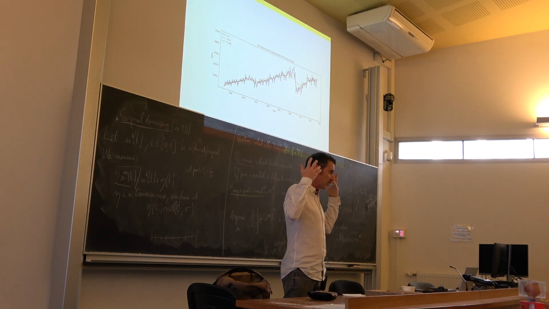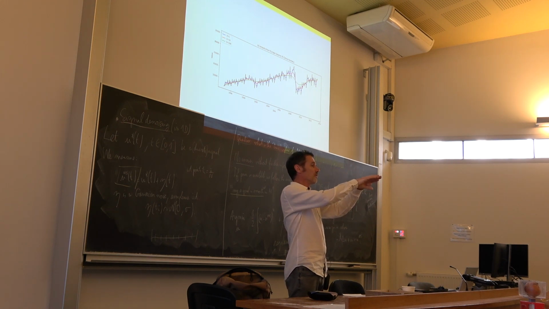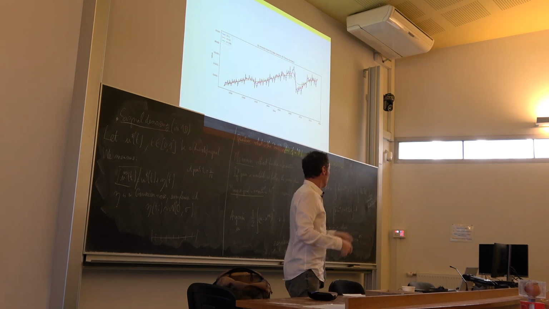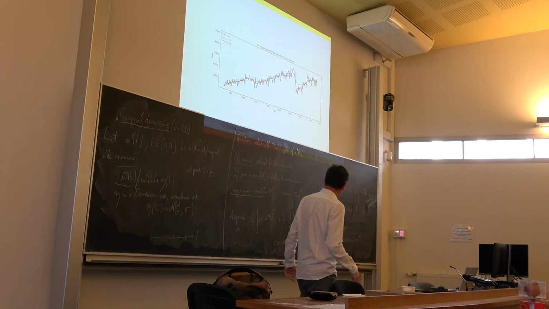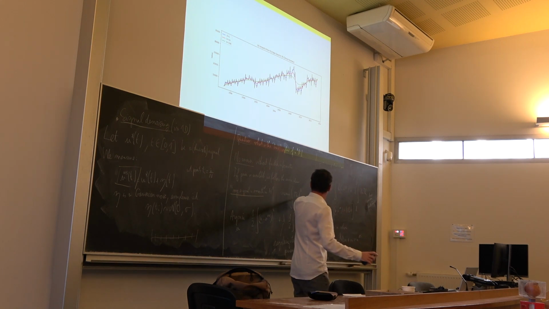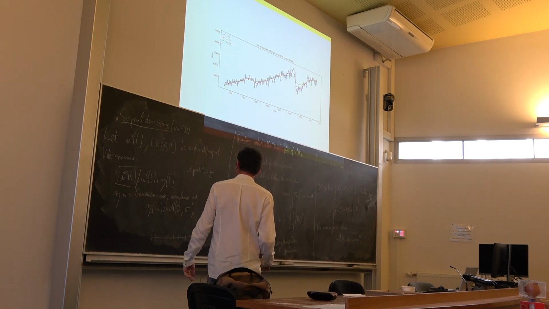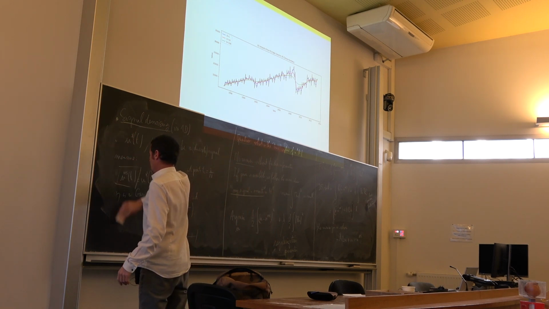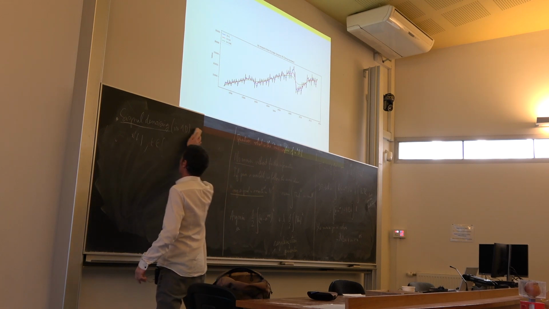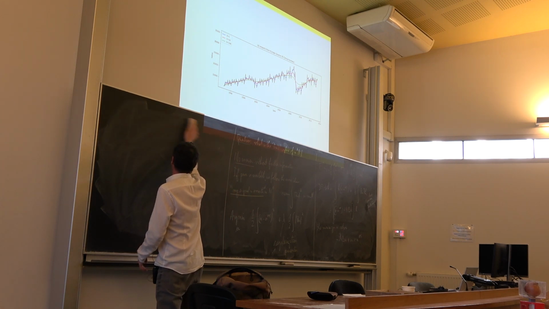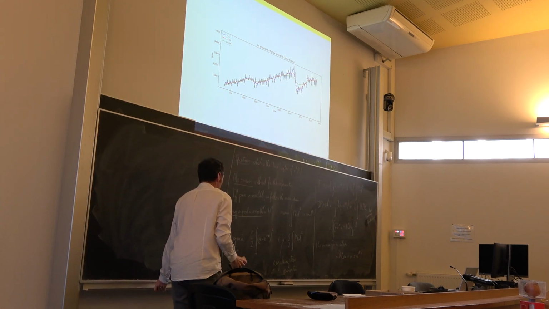And this is not what we want to have. For images, we like to have regions with a contrast between regions. So the solution is to use total variation instead of the H1 semi-norm. So this is the second type of prior that I can use.